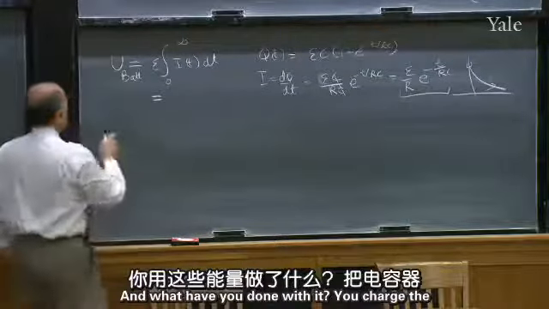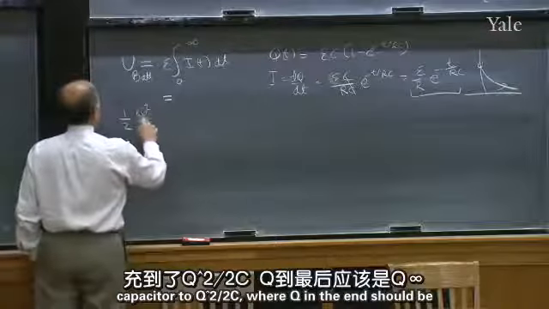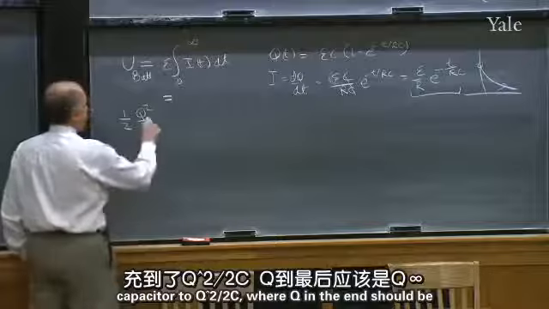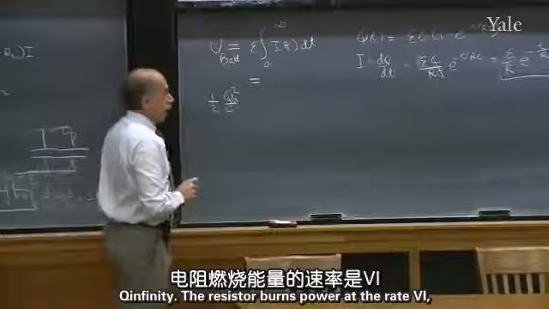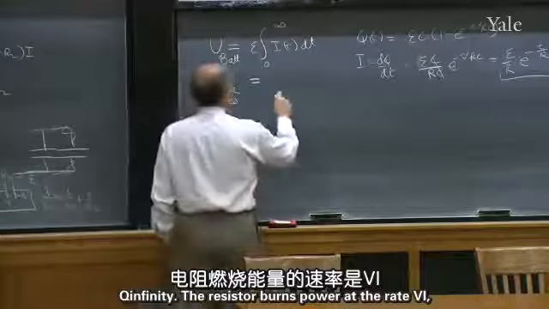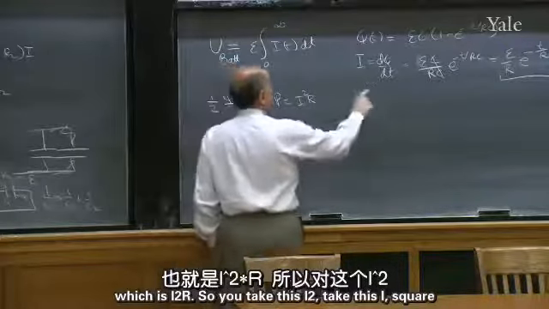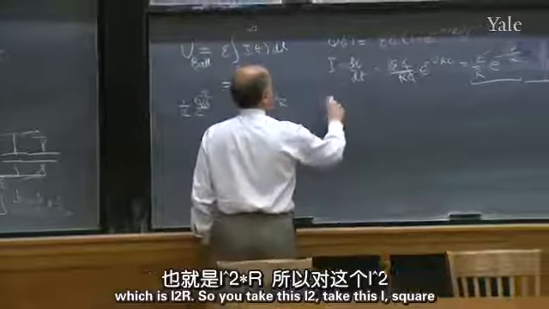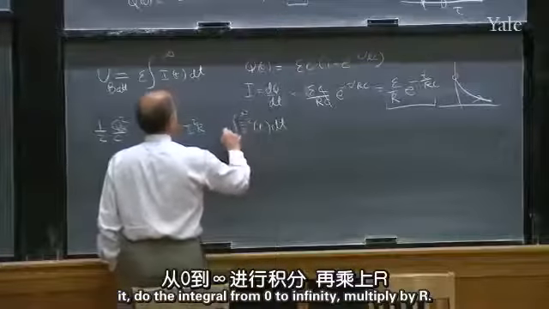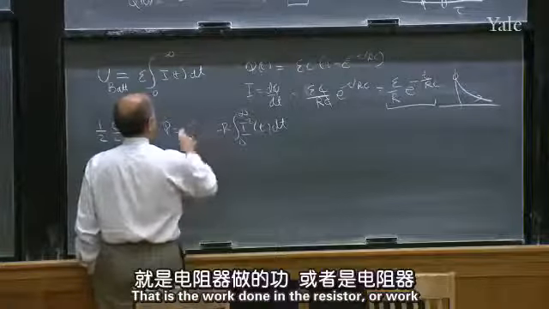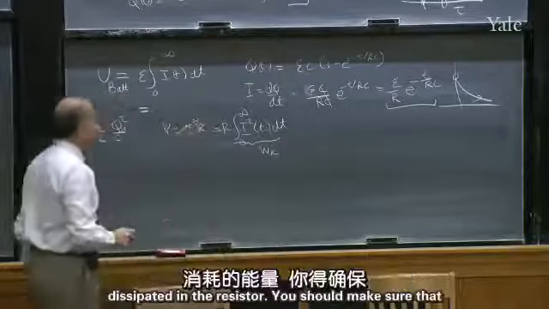And what have we done with it? We have charged the capacitor to Q squared over 2C, where Q in the end should be Q infinity. The resistor burns power at the rate VI, which is I squared R. So you take this I, square it, do the integral from 0 to infinity, multiply by R. That is the work done in the resistor, or work dissipated in the resistor.